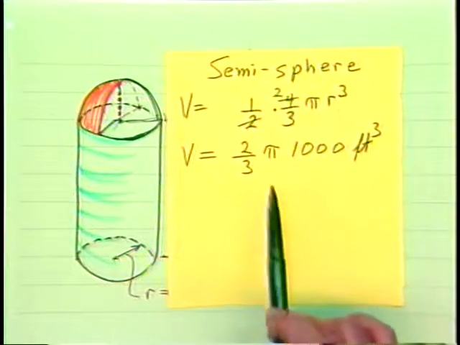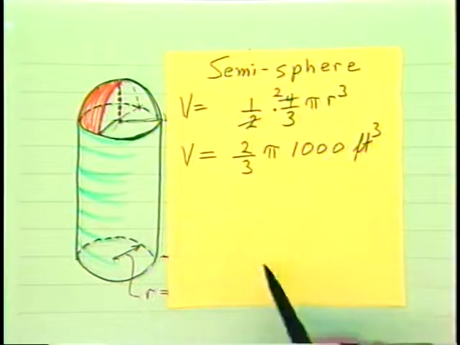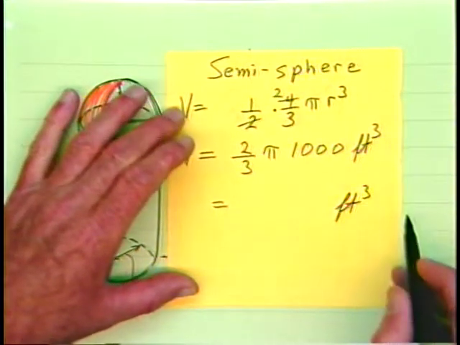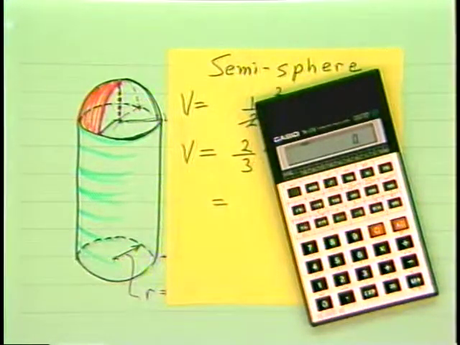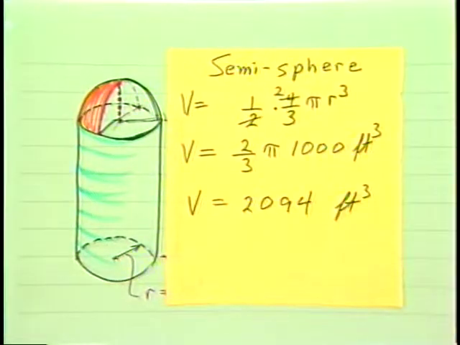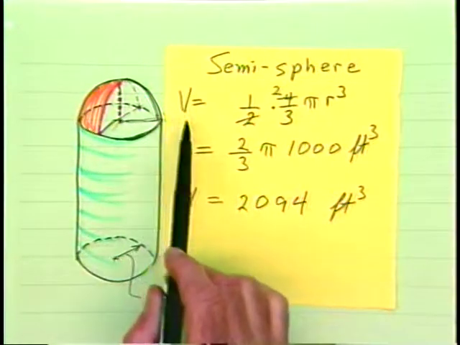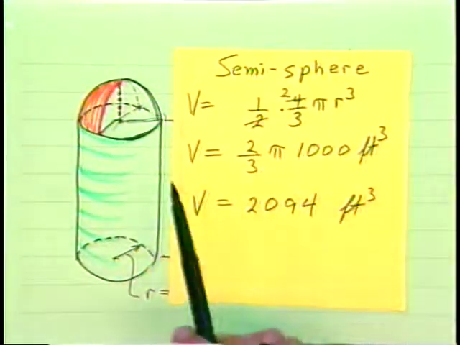So all that remains is 2 times pi divided by 3 times 1,000 cubic feet. And of course, with that much arithmetic, usually is done on the calculator. So doing it, we have our volume to the nearest whole cubic foot, which is the volume now of this semisphere top of the silo.